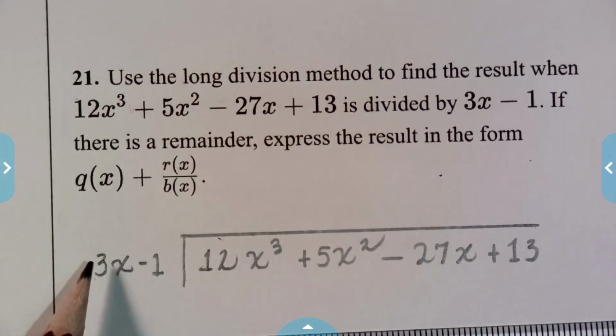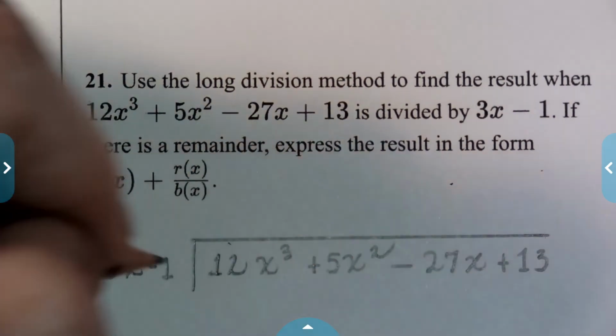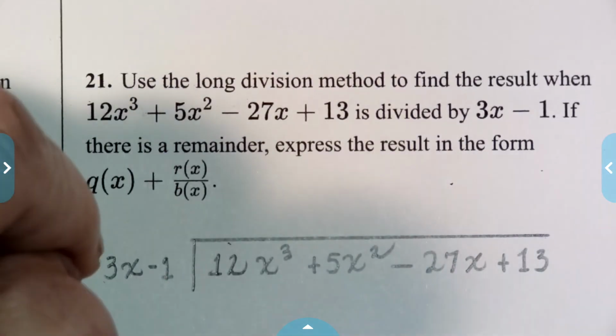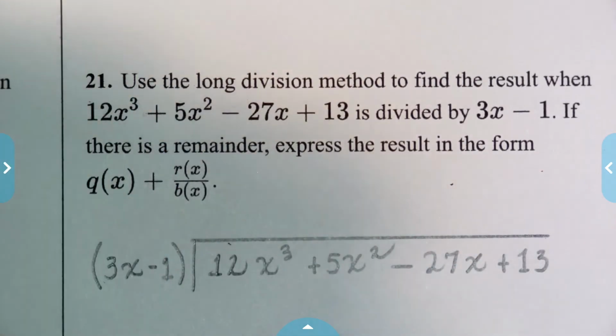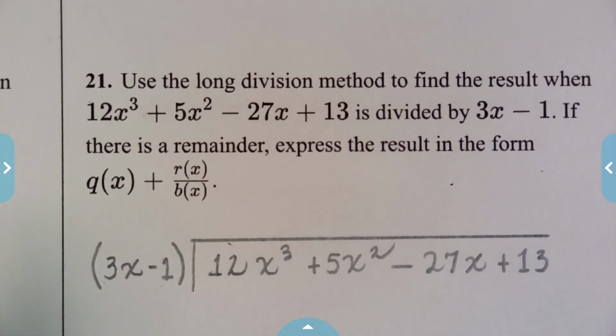Now, because there's a minus sign there, we might have to think a little bit about changing those signs, okay? So just pay attention. What times 3x equals 12x cubed?